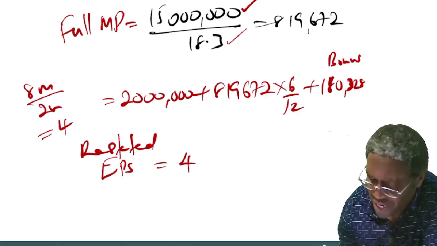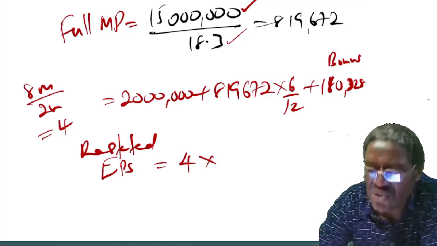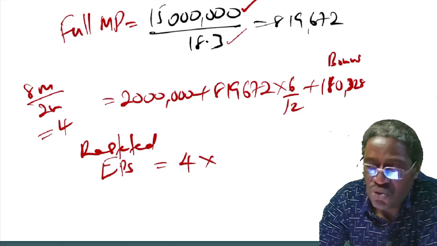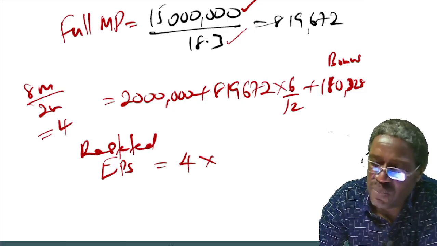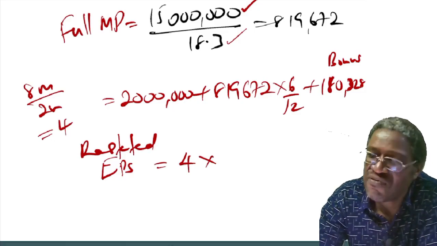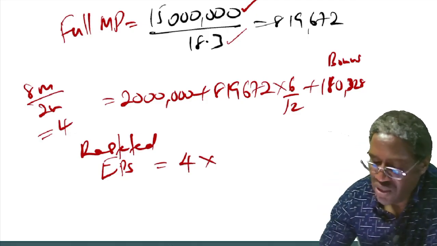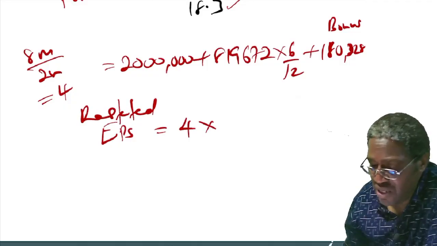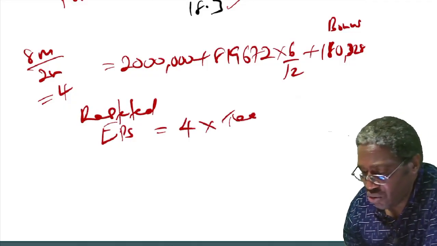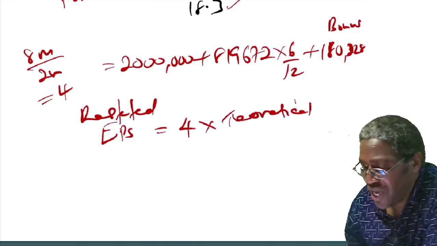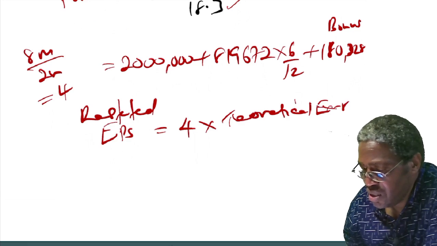You multiply the EPS of the previous year by a factor. What is that factor? You multiply that by what we call the theoretical X right price.